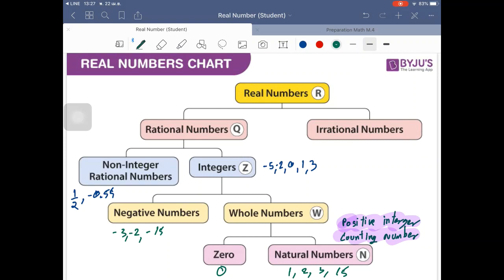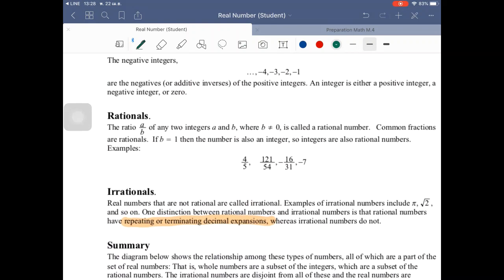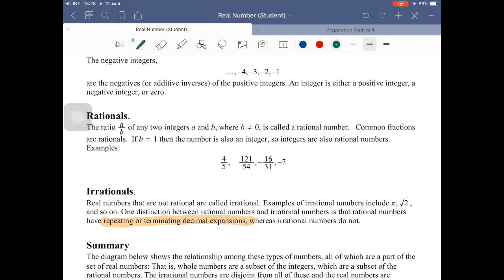Okay, let's see. What is the difference between the rational and irrational here? You can see here. The rational is the number that can be written in ratio or fraction.